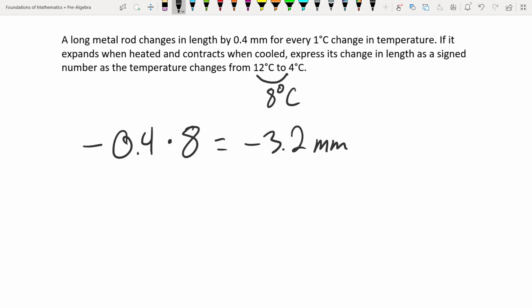And this is going to be a negative number because we think of it as the length of the metal rod being shortened, or taken away from, if that makes sense. If it were to expand, it'd be positive because we're adding to the length by heating it up. That's why it's a negative number, and it's 3.2 millimeters.